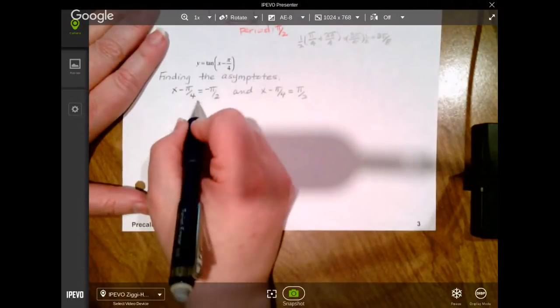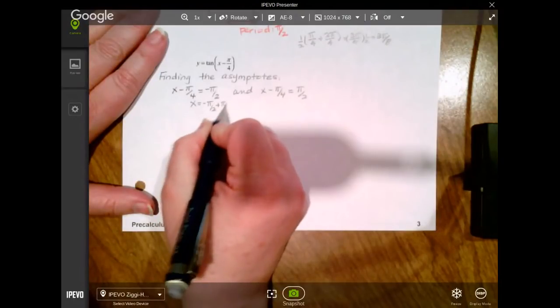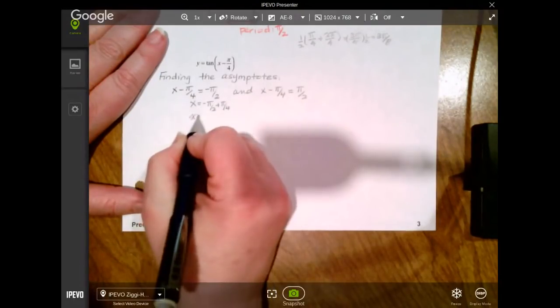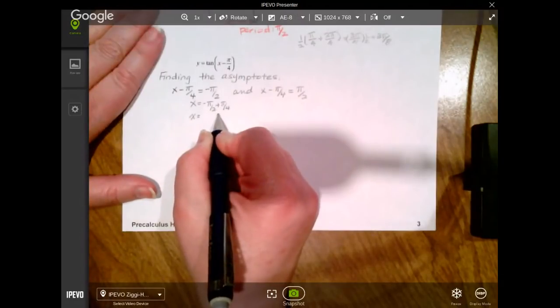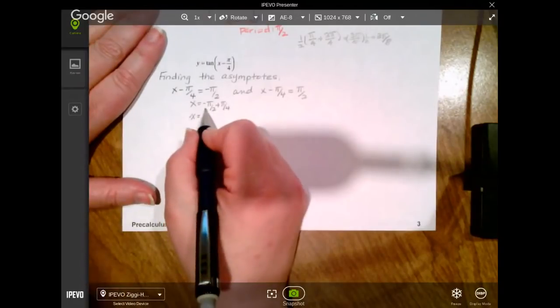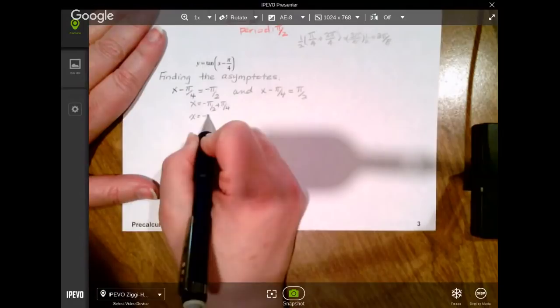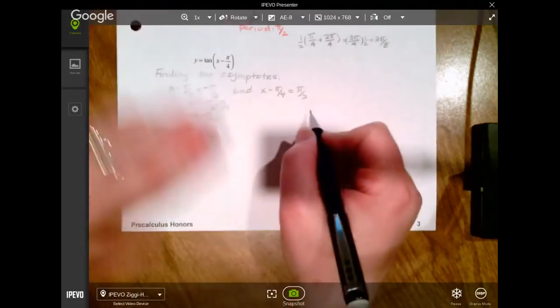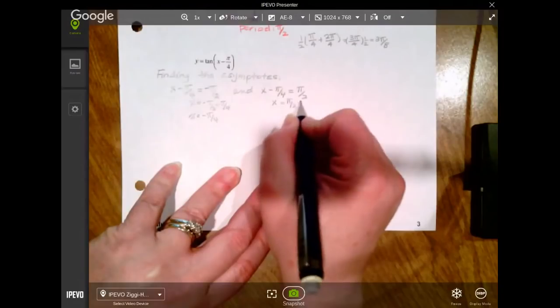So let's do that. We get x equals negative pi over 2 plus pi over 4. So x equals now negative pi over 2 and fourths is negative 2 pi over 4 plus pi over 4, which is negative pi over 4. And then on this side, we get x equals pi over 2 plus pi over 4.